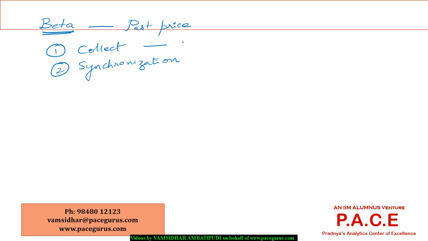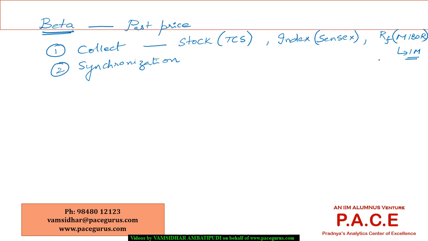Here we'll collect one stock's price data; I'm collecting the TCS data. Then we'll also collect the index, or the market portfolio, which I have taken as Sensex. And we would also collect a risk-free rate of return, for which I have taken MIBOR as the proxy, specifically the 1 month MIBOR.